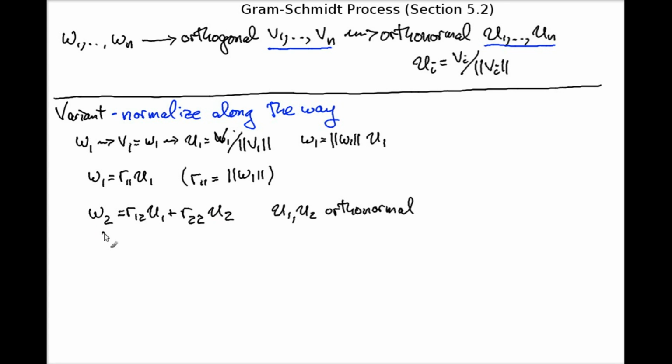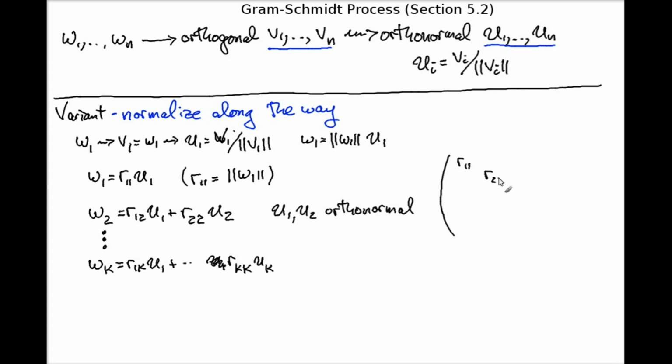And proceed in this way so that at the kth step you write wk as r1k u1 plus dot dot dot rkk uk. And this is what's called a triangular system.